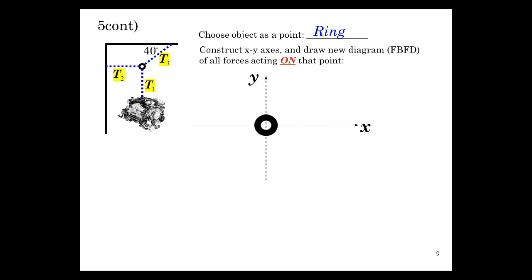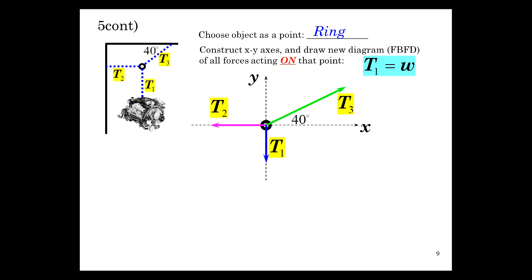So here's x, here's y, there is the ring. And we have T1 acting down, we have T2 acting to the left, and we have T3 at 40 degrees in this direction. So T1 is the weight. And that's pretty self-evident from just observing this.